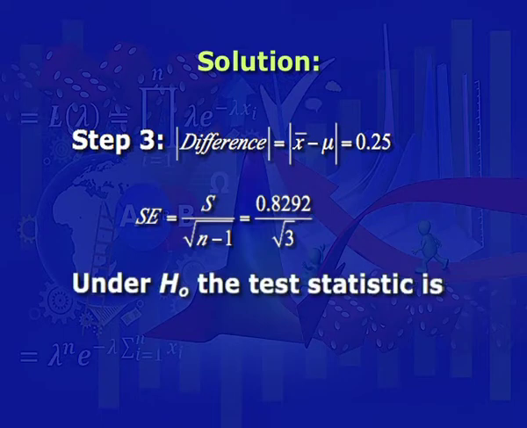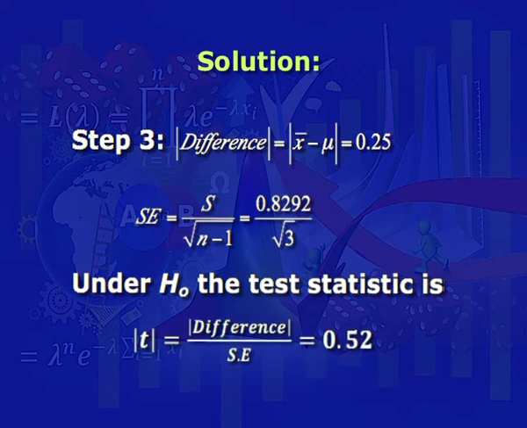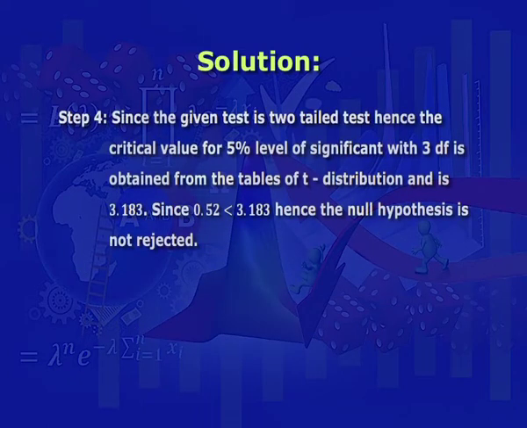Under H0, the test statistic is given by modulus t equals the absolute difference divided by standard error. Substituting the absolute difference and standard error, we get the value of test statistic mod t equal to 0.52. Now step 4. Since the given test is two-tailed test, the critical value for 5% level of significance with 3 degrees of freedom is obtained from the tables of t distribution and it is 3.183.